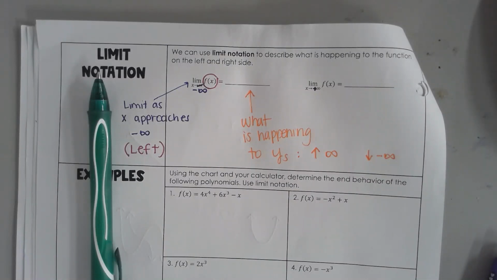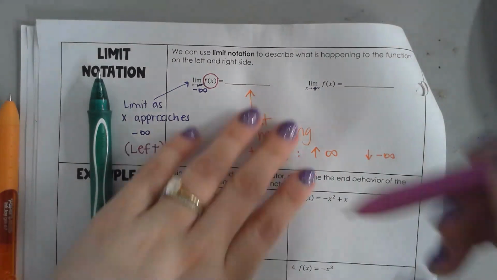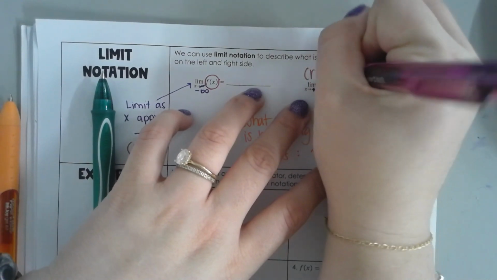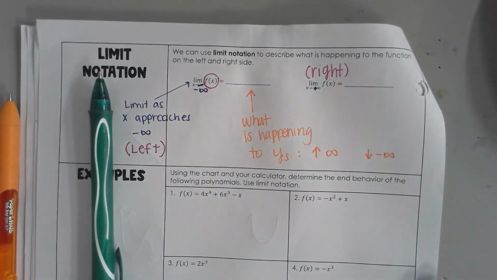So when I'm asking about the end behavior, you're going to write the limit as x approaches negative infinity of f of x. That might already be part of your question. Equals, and you fill in this blank. If your arrows are pointing up, write positive infinity. If they're pointing down, write negative infinity. And then the other one is talking about the right side. So you're going to write these limit statements two times, once for the left, once for the right.